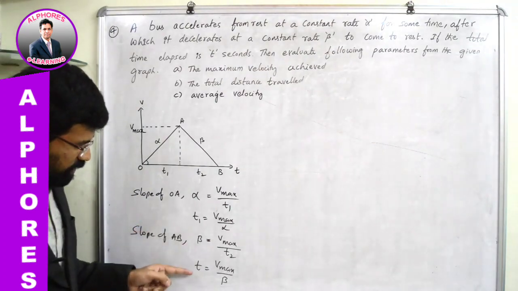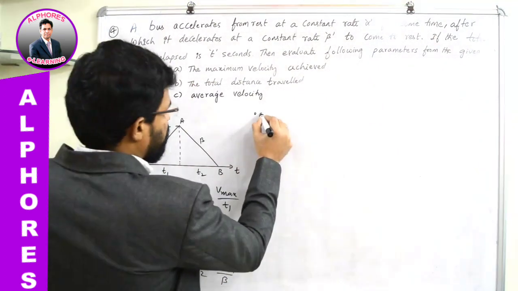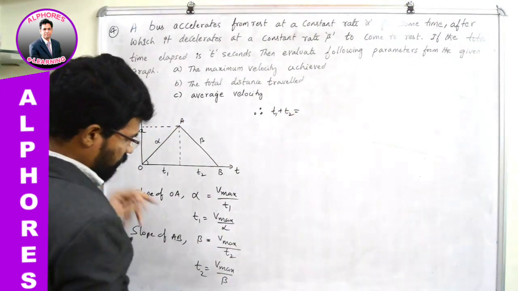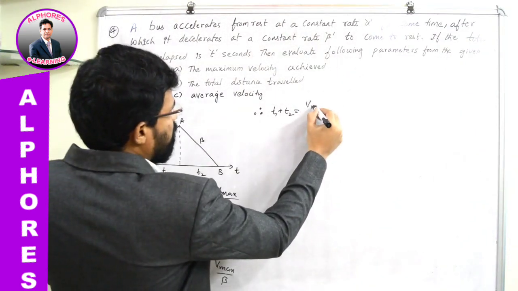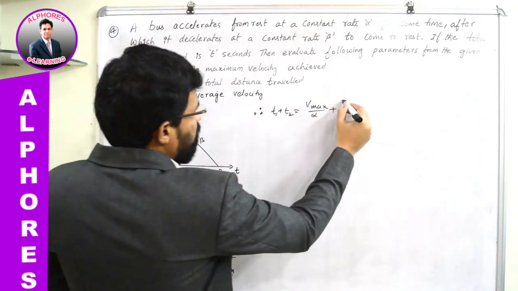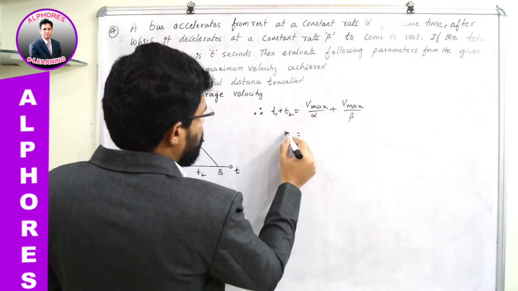If I add T1 and T2, I will get total time T. Therefore, T1 plus T2 is equal to V maximum by alpha plus V maximum by beta, and T1 plus T2 is T.